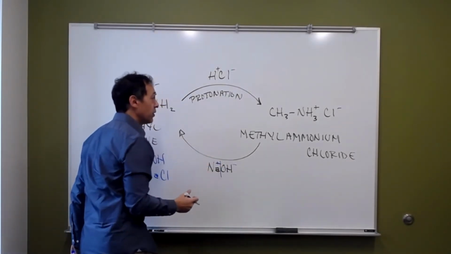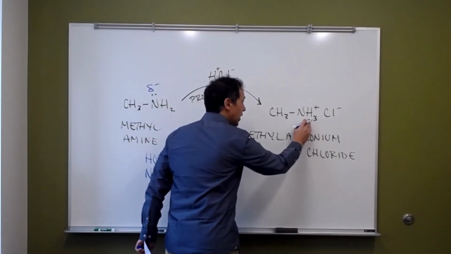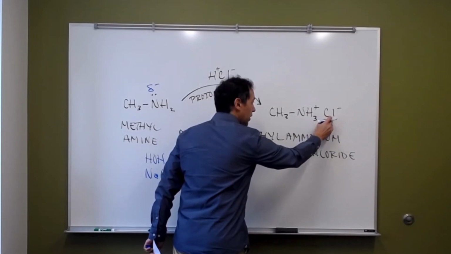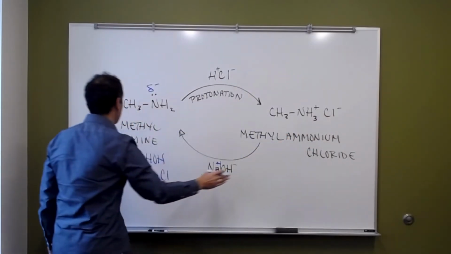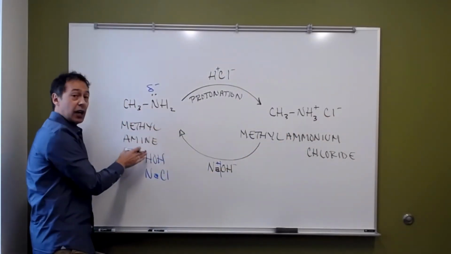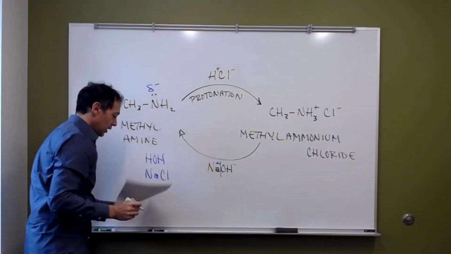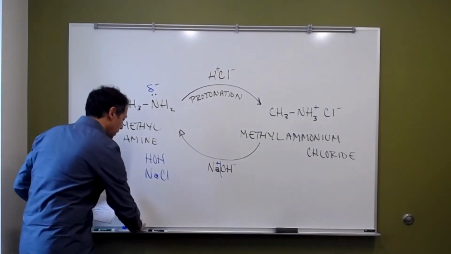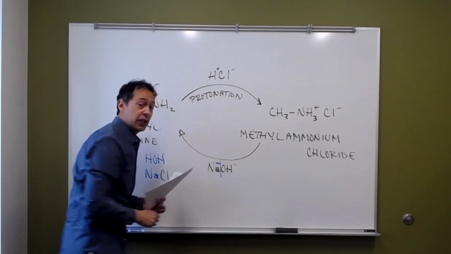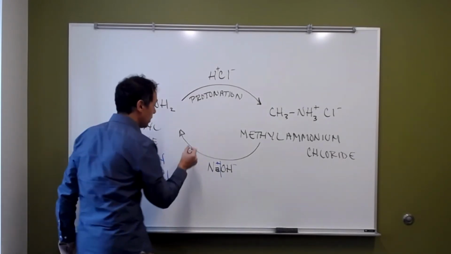And then what's left over? If we remove a hydrogen and a chlorine here, then we're going to end up with what we started, our methylamine. Now this process here is the opposite of protonation. It's deprotonation.